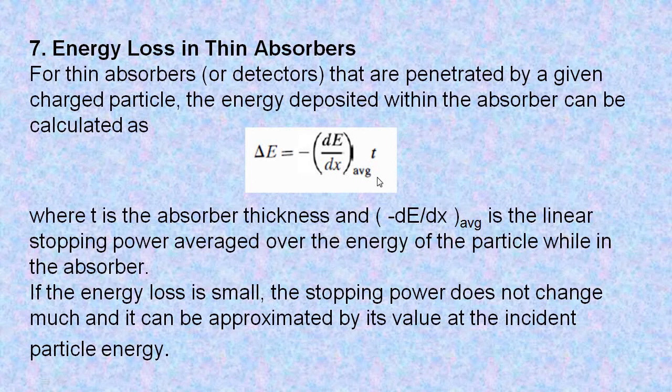That means if the loss is small, in place of this dE by dx average, you can consider the initial value. If you know that value, you can directly multiply it with the thickness to get the energy loss.